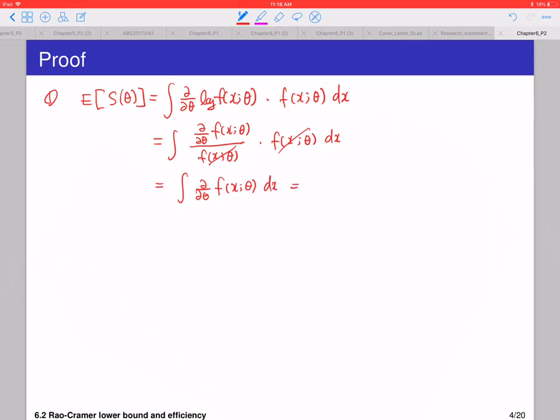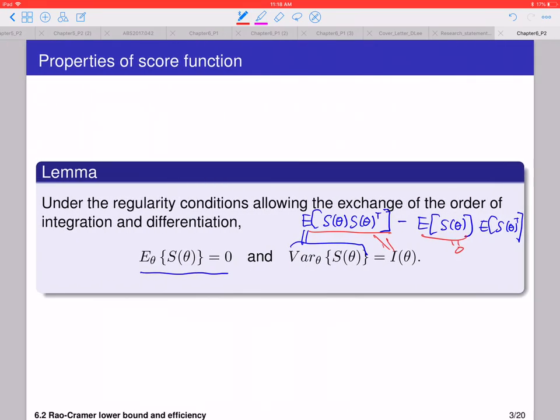Under some conditions, we can exchange the order of integration and differentiation, which is pretty advanced calculus, so we don't care. The integral of the density is 1, so its derivative is 0. That gives the proof for the first property.